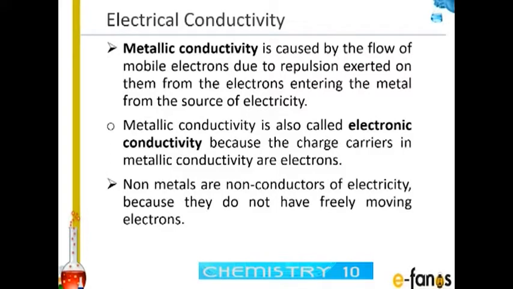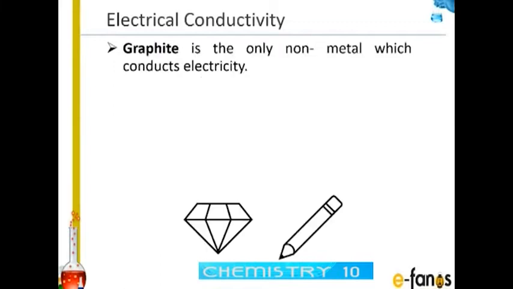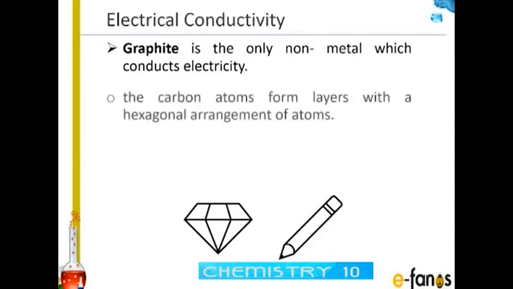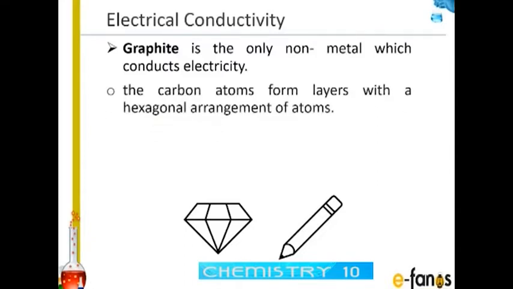But there is one exception to this rule. So graphite is the only nonmetal which conducts electricity. You may remember from previous lessons that graphite is made up of carbon, a nonmetal. So the carbon atoms form layers with a hexagonal arrangement of atoms.